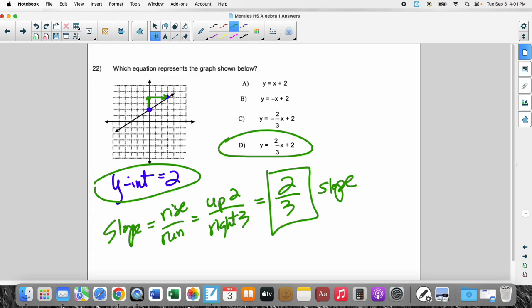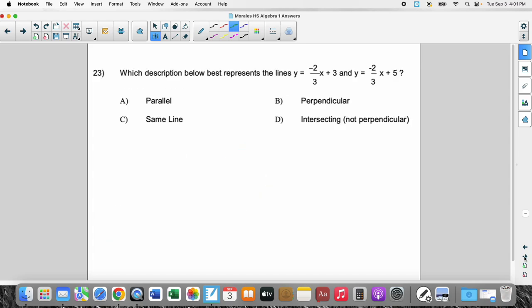Sorry. 23. Which description below best represents the lines y equals negative 2/3 x plus 3 and y equals negative 2/3 x plus 5? So when we have two lines, they can intersect in one point. They can be parallel and not intersect at all.